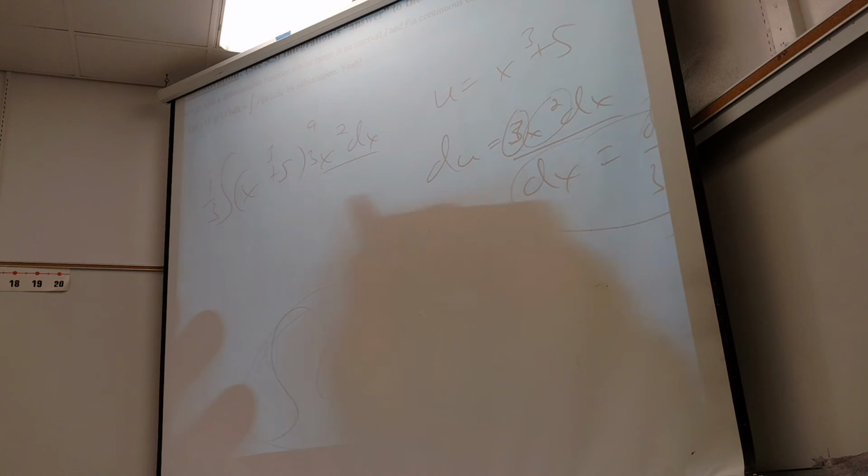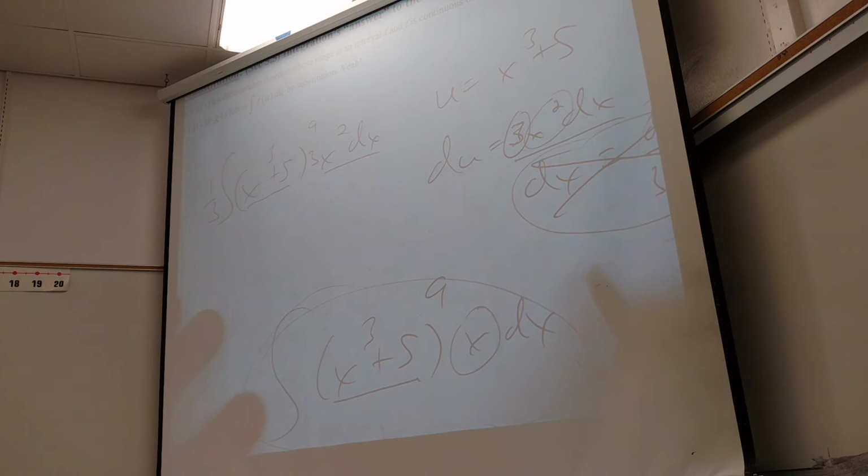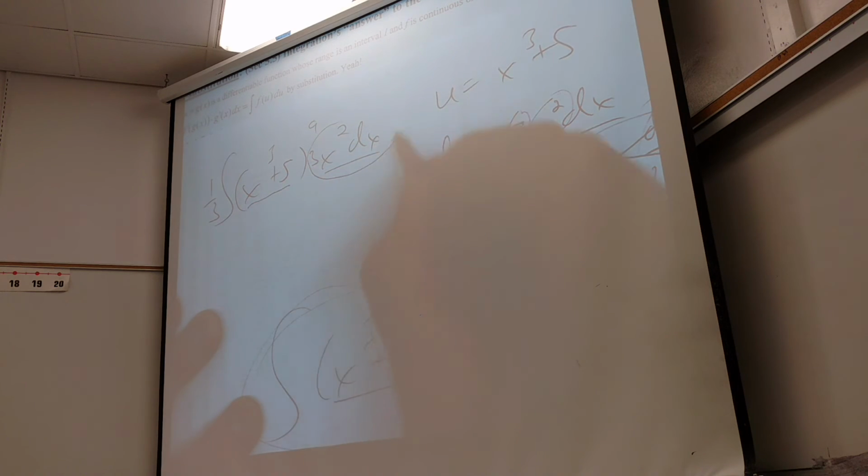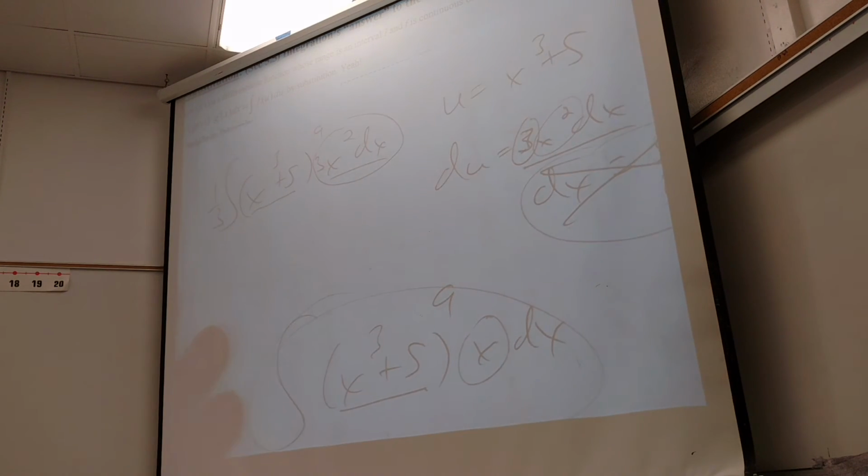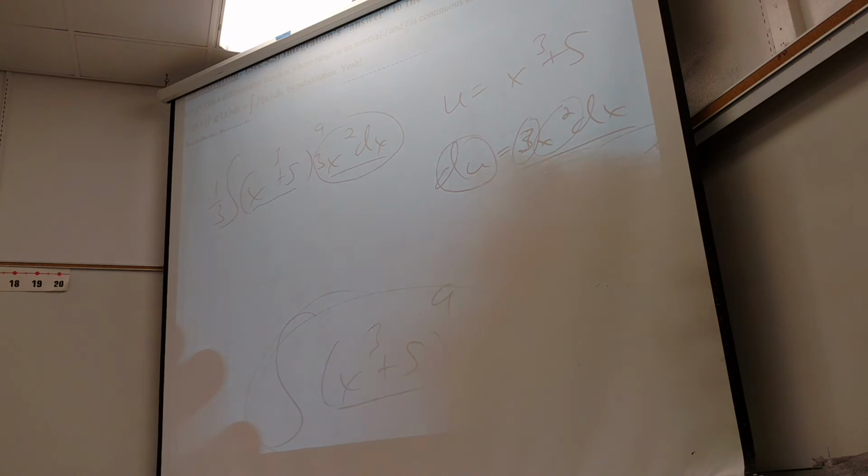Alright. But now going back up to this. So I let my u be the inside. Did my du. Don't do this. Now I have 3x squared dx, and what is that? Du. Right? That could be du. 1/3 integral, and what's x cubed plus 5? U. So that looks really nice.